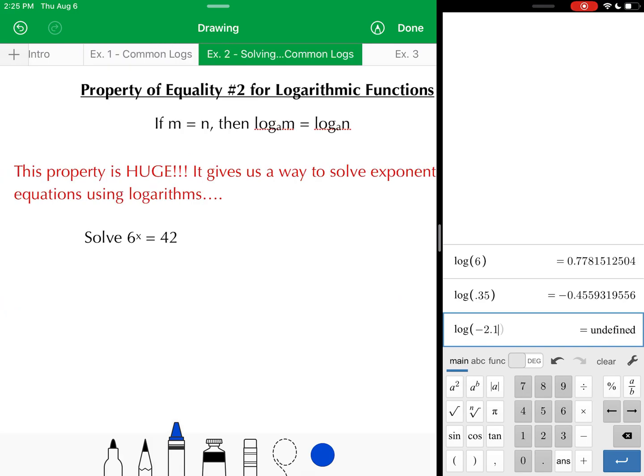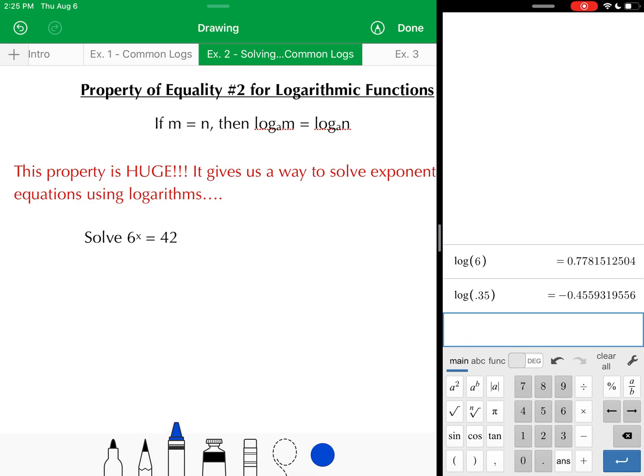Moving forward, now let's see how we can use common logarithms in our calculators to solve some exponential equations. We have a property of equality number 2 for logarithmic functions. It says that if m equals n, then log base a of m equals log base a of n. So this is essentially the first property of equality in reverse.